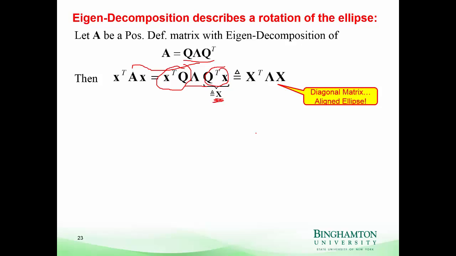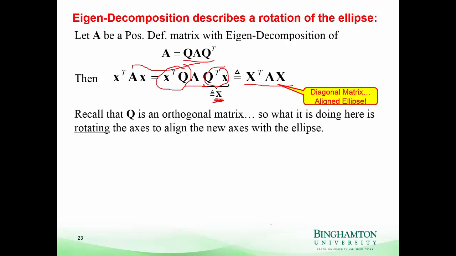I could have used something else like an X tilde or X hat. But here's a new quadratic form in a new set of axes, not corresponding to little x, but corresponding to big X. And since it's a diagonal matrix in this new coordinate system, my ellipse is aligned.